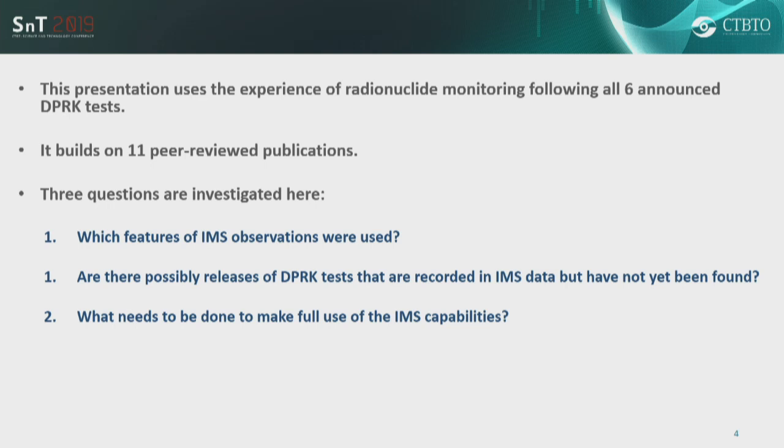Which are the features of IMS observations that were used by the authors? Are there possible releases of DPRK tests that are recorded in IMS data but have not yet been detected? Of course, I can't answer this question, but I look into the theoretical possibility and what would be needed to also address this and make full use of all the IMS capabilities.